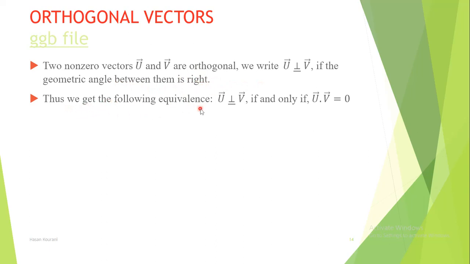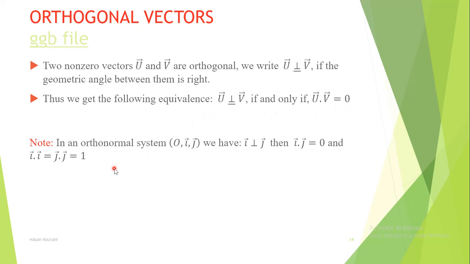Thus we get the following equivalence: u orthogonal to v if and only if u dot v equals 0. Why do we have u dot v equal 0? I think it's clear from the geometric definition, which is magnitude of u times magnitude of v times cosine 90. As you know, right is 90 degrees. Cosine 90, as you know, is 0. For this reason, u dot v will be 0. These two propositions are equivalent.